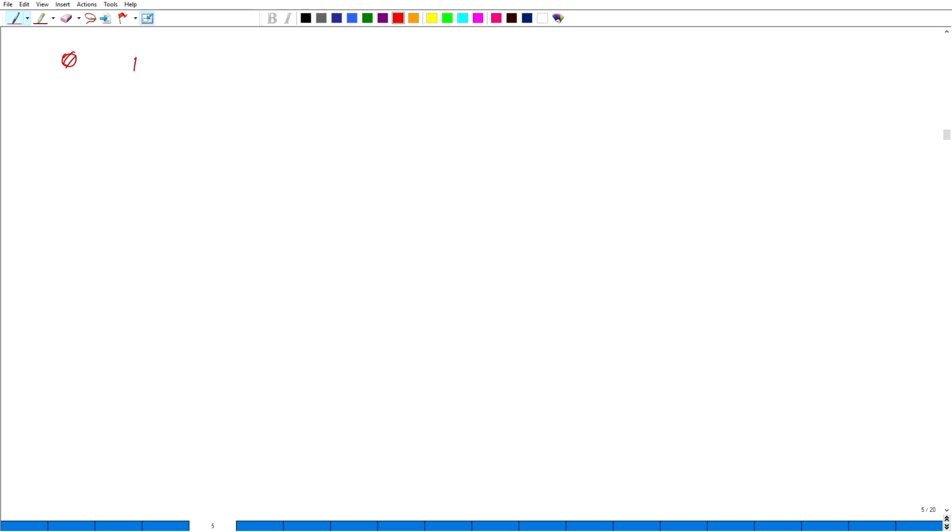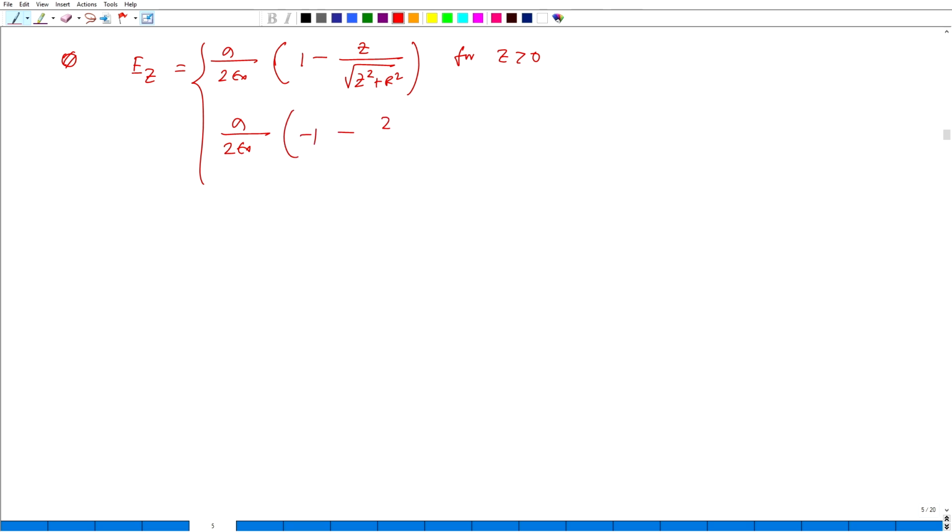We got the results: Ez equals sigma over 2 epsilon naught times 1 minus z divided by the square root of z square plus r square, for z greater than 0, and minus sigma over 2 epsilon naught times 1 minus z divided by square root of z square plus r square, for z less than 0, right. And we plotted this as a function of z in the previous class.